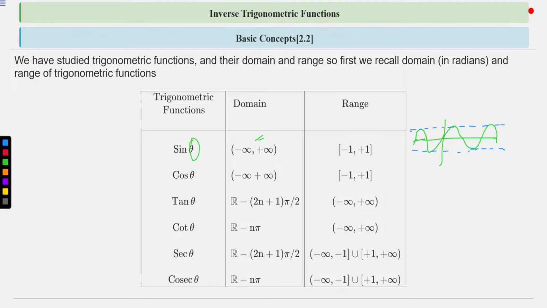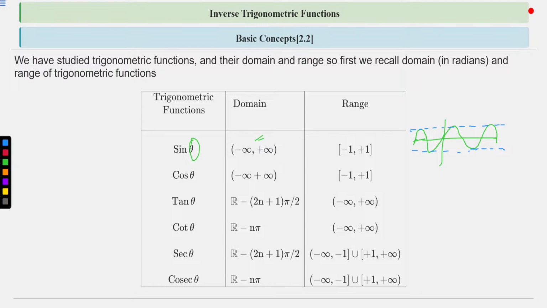Similarly, for the cos theta, again its domain is from minus infinity to infinity, because again there is no restriction in putting the value of theta in the function cos theta, right?